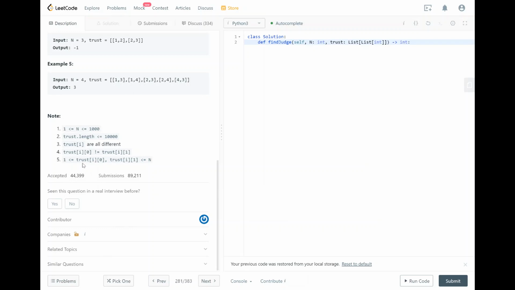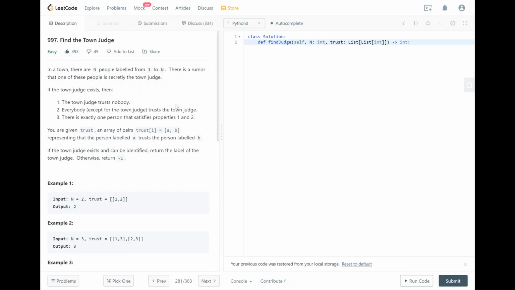That means for both entries, the truster and the trusted, each one of those is going to contain a number anywhere from 1 to n. So you're not going to have to worry about a truster or trusted being outside the bounds of your town.